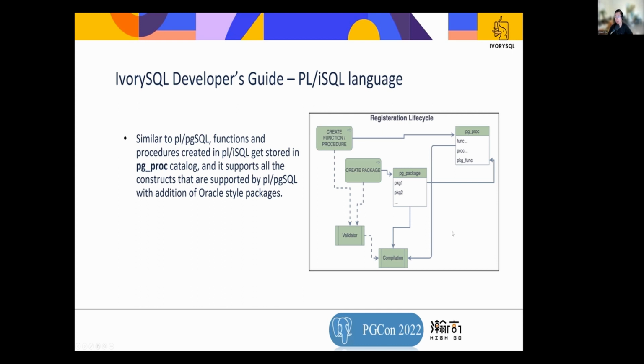You can see the diagram here: create function and procedure, pg_proc, and also pg_package, for package 1, 2, with the compilation validator and different modules inside the registration life cycle.